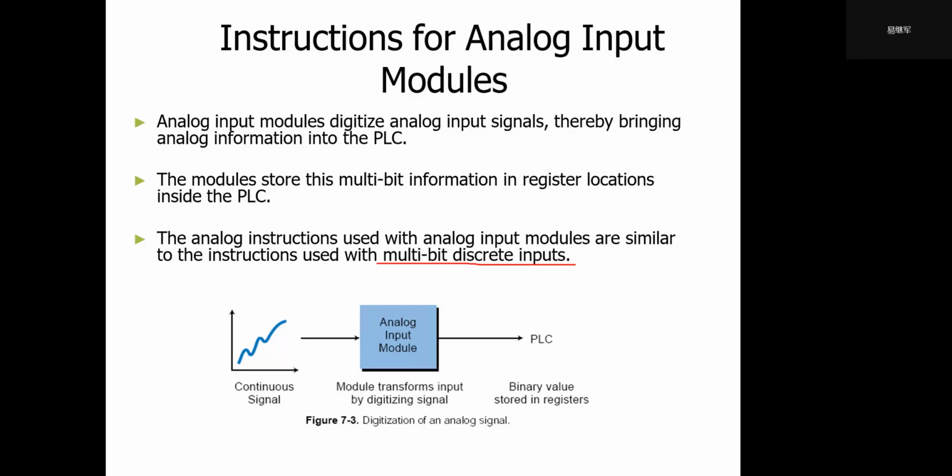This figure shows the digitization of an analog signal. This is a continuous signal input to the analog input module. This module transforms the input by digitizing the signals.